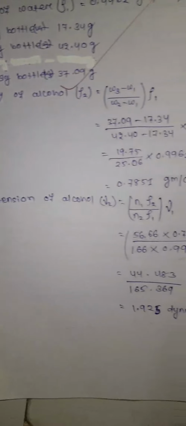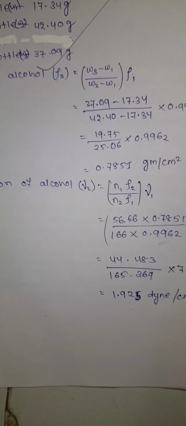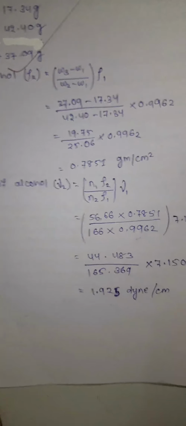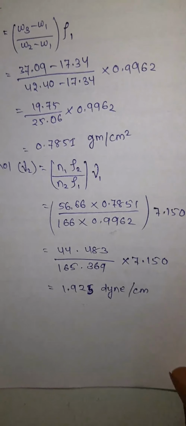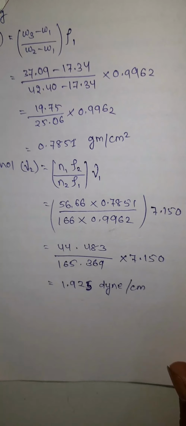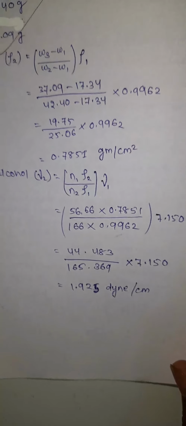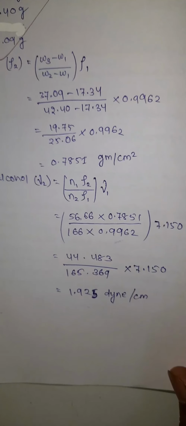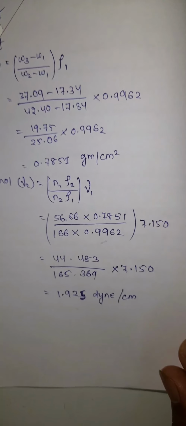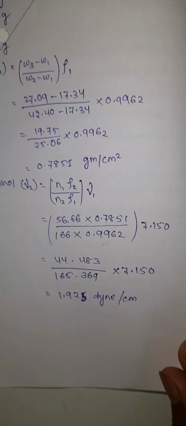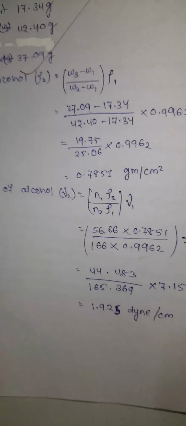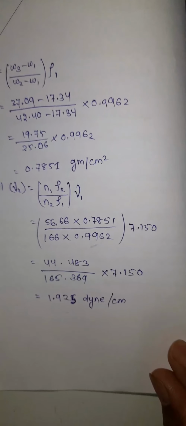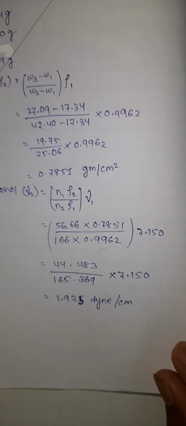Then surface tension of alcohol, gamma 2, is determined by taking this formula, N1 ρ2 by N2 ρ1 into gamma 1. N1, N2 are the drops counted, ρ2, ρ1 are the densities of ethyl alcohol and water. Gamma 1 and gamma 2 are the surface tension of water and the sample.